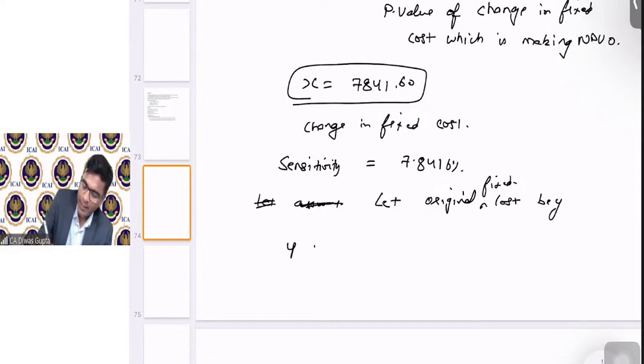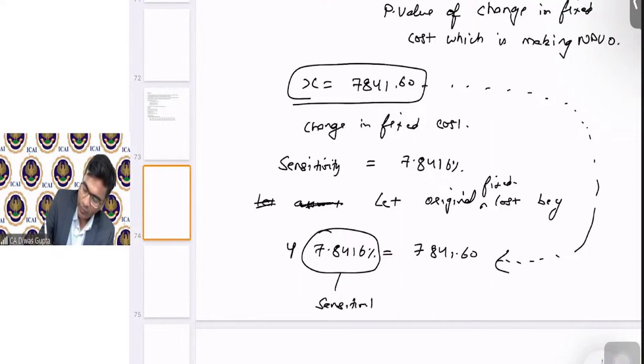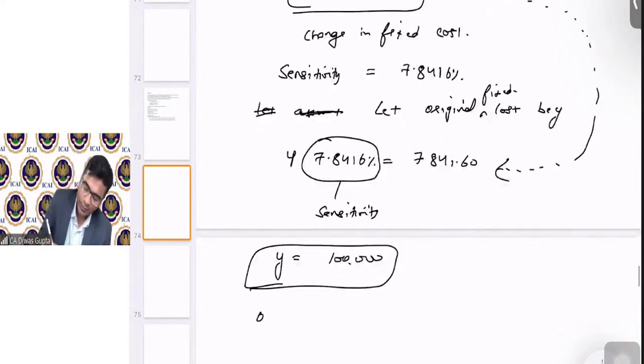So Y multiplied by 7.8416 percent will be 7841.60. This value is coming from the sensitivity factor given in the question. Hence, Y will be 1 lakh. So the original fixed cost is equal to 1 lakh.